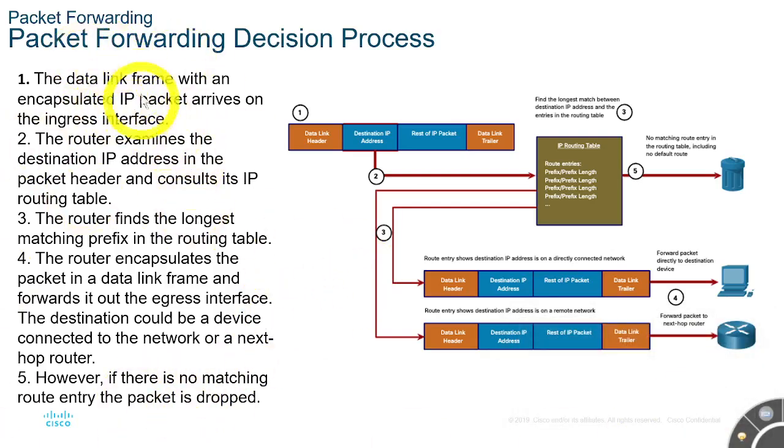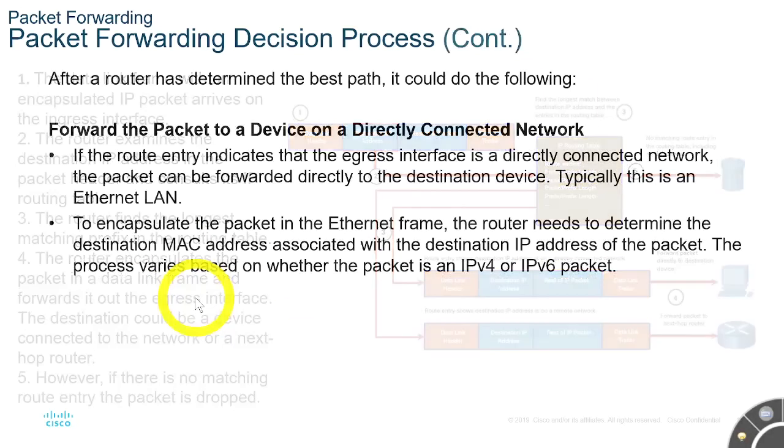So the router receives the encapsulated IP packet and examines the destination IP. If it finds it, it will consult the routing table. If it finds the destination, it forwards the packet through the egress interface either to the next hop router or to the directly connected network. If there's no match, it will drop the packet.